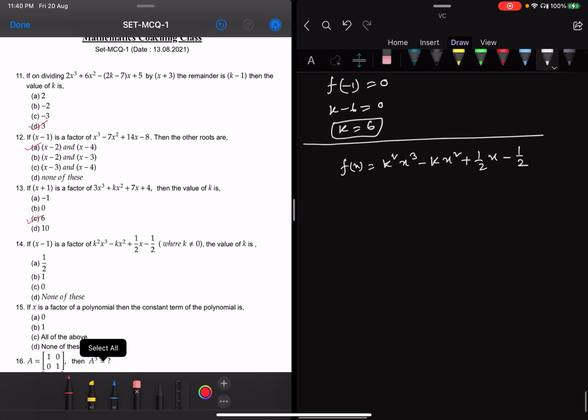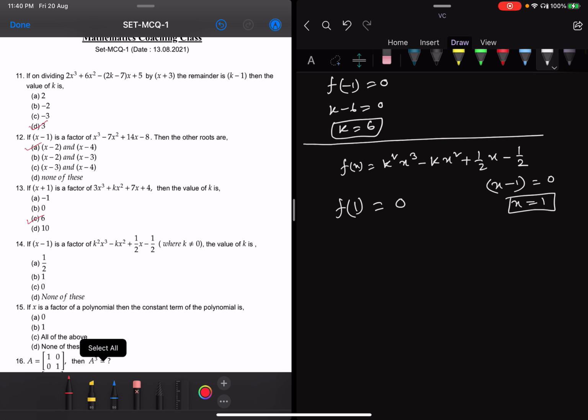To find the value of k, we can check f of 1, because x minus 1 is a factor of f of x. That means for x equals 1, f of 1 equals 0.